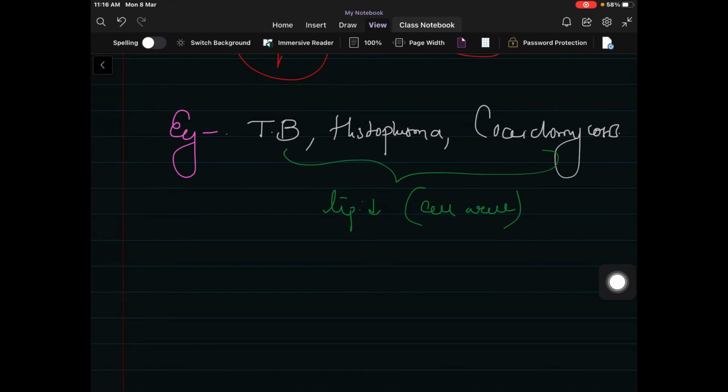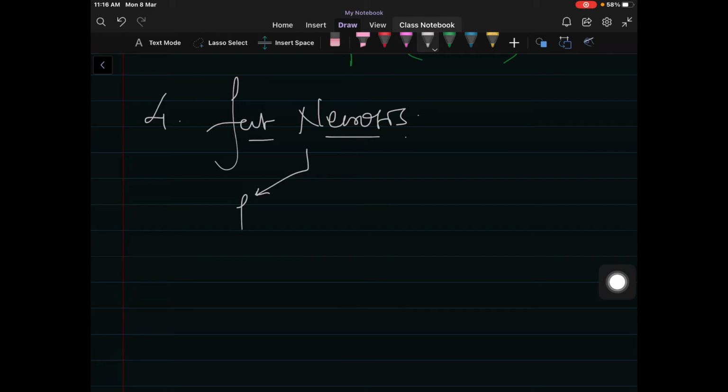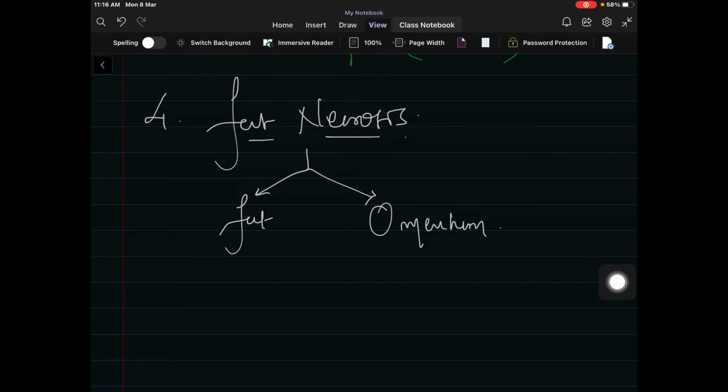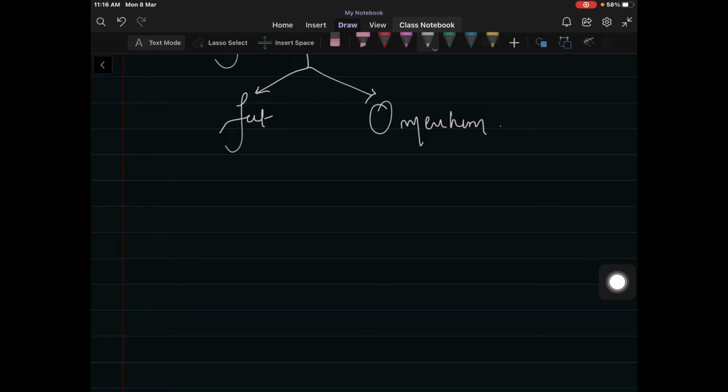Now let's move on to the next type of necrosis, that is fat necrosis. Very much important. Fat necrosis can be caused by the breakdown of fat or the omentum. Generally, in fat necrosis, the fat is broken down into fatty acids due to trauma or injury.